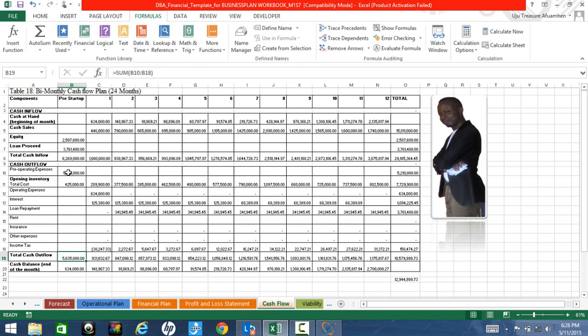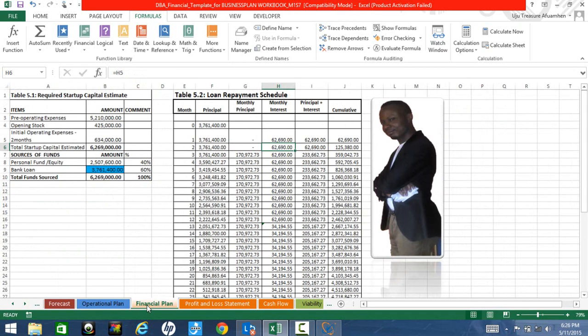So you have B10, then opening inventory is coming from the financial plan B4. So let's go to the financial plan and see what we have in B4. This is financial plan B. Can you see that? B. This is 4. Opening stock.